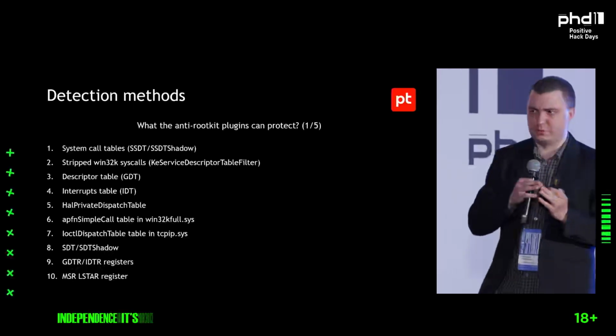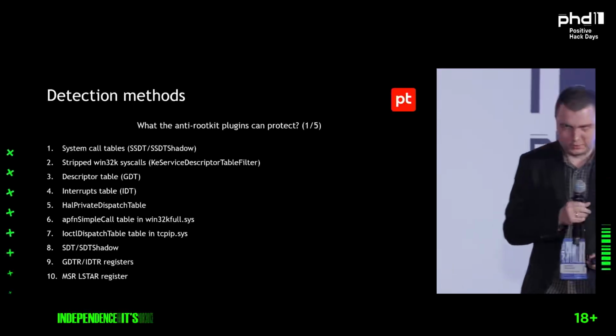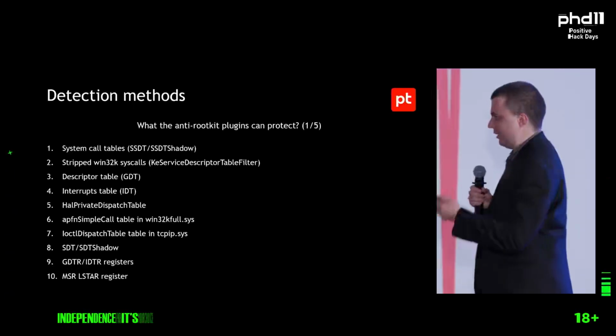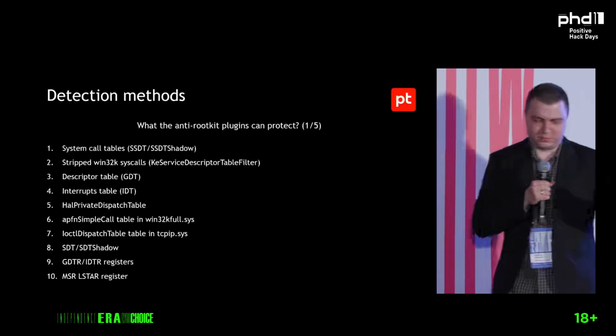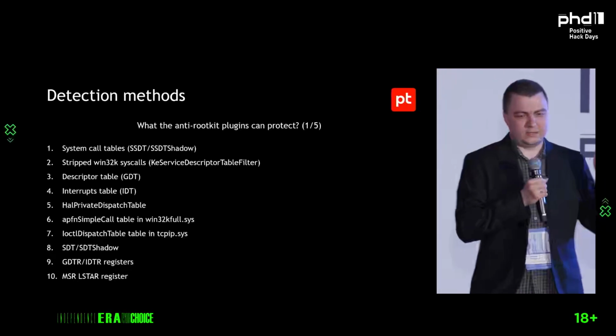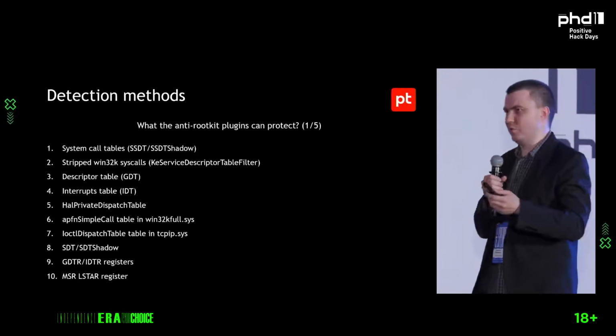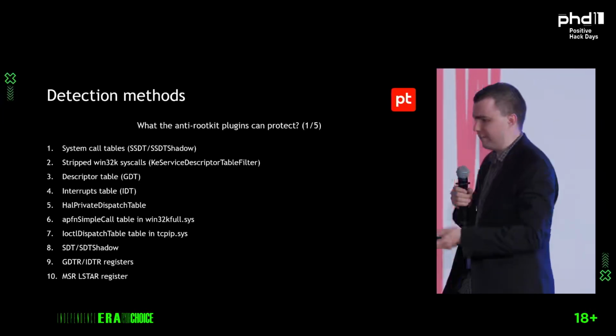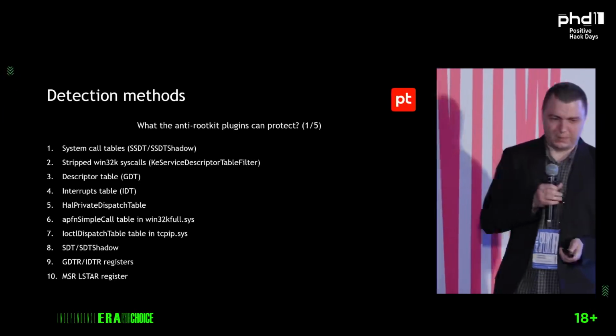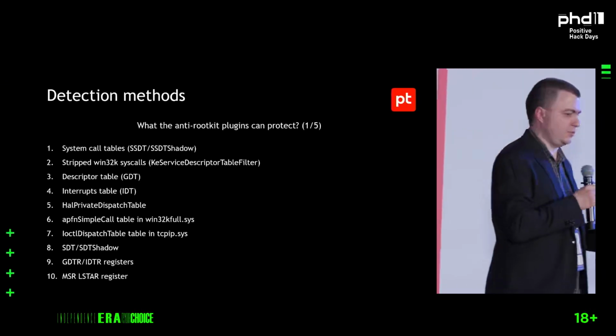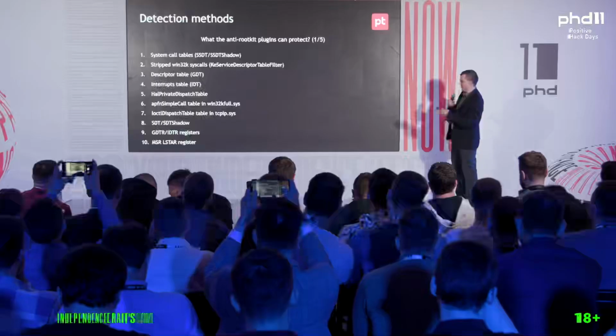And this is the stuff that rootkits are not really doing anymore because PatchGuard is there. But, to be on the safe side, we had to provide for this as well, such as protecting against system call table modifications, an interrupts table, and so on.